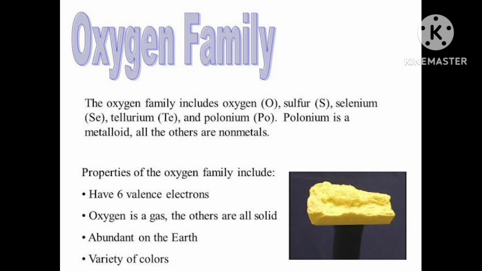Today I am going to continue from the last class. Last class I discussed group 16 elements and gave the introduction. Now I am going to tell about electronic configuration, atomic and ionic radii, ionization enthalpy, electron gain enthalpy and electronegativity.